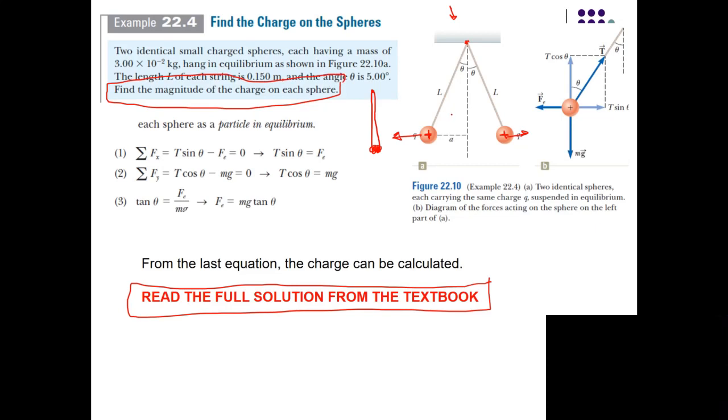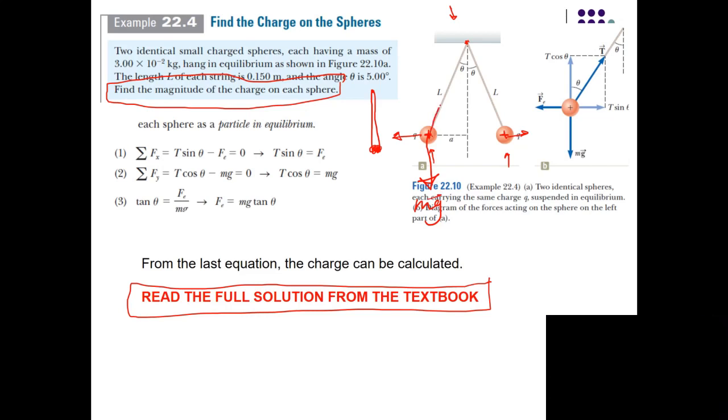So the question says, find the magnitude of the charge on each sphere. What we do, we need to have a free body diagram, at least for one of them. You could write the free body diagram for the left charge, or you could write down the free body diagram of the right one. So the free body diagram for the left has actually three forces. You have a typical mg, gravitational force.